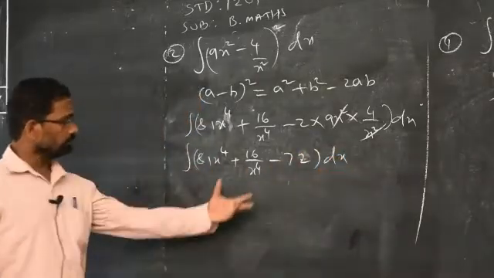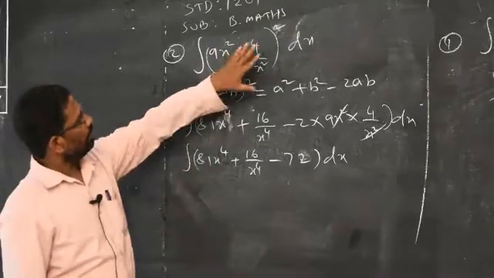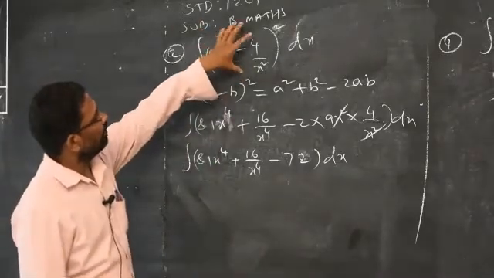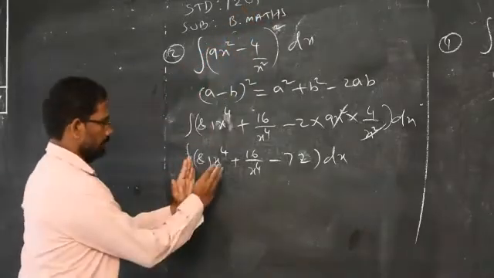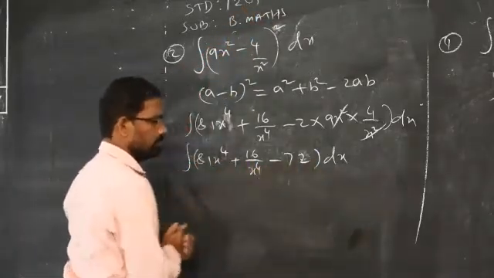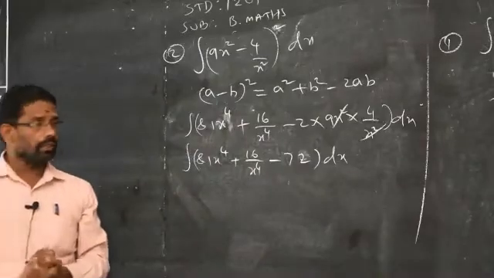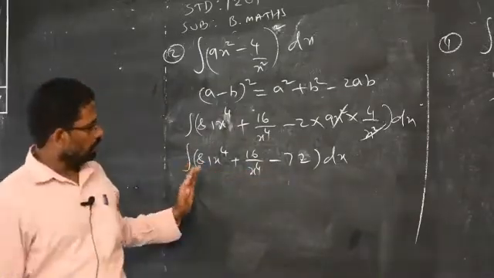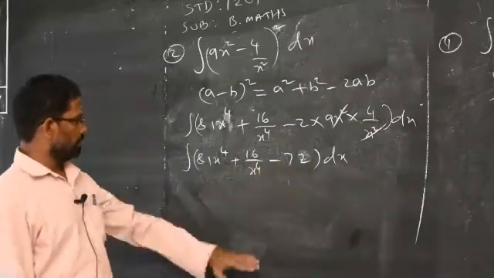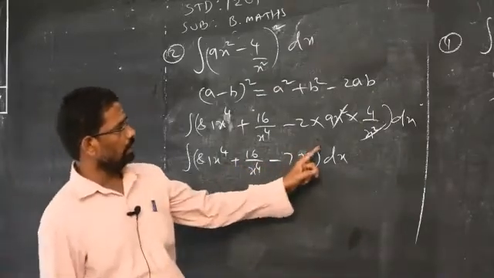Now you see, I rewrote the binomial which has power 2 as separate terms. Before you integrate, you please bring it into this format, like algebraic expressions, polynomial expressions. Don't keep anything as a power.